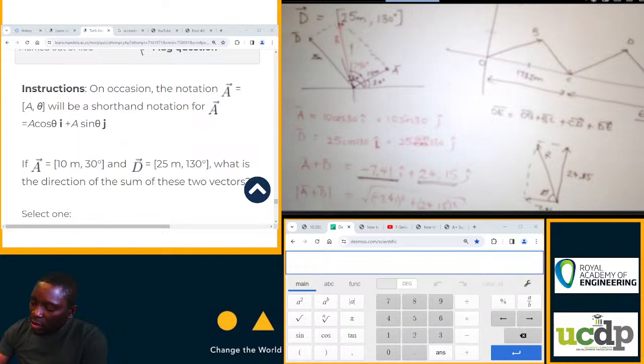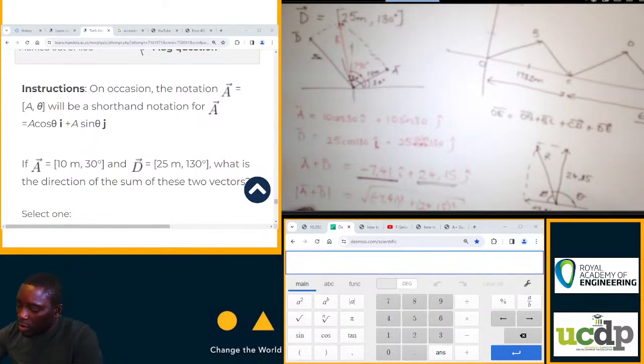So we find this phi, we use the value of phi to find theta, right? So phi will be arctan, actually there's a negative there.